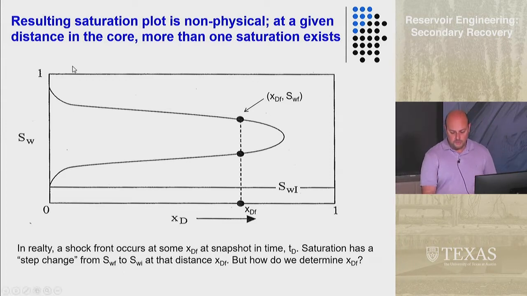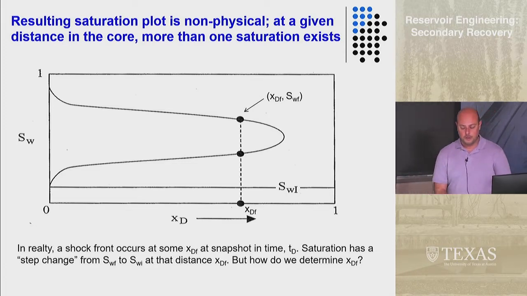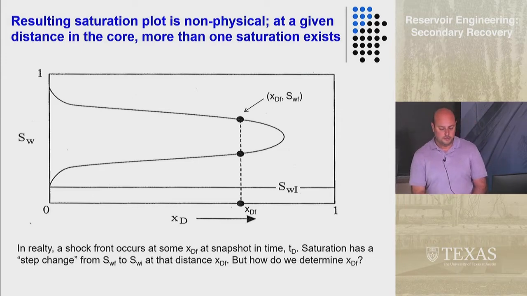And the true curve comes down and comes to this point and then drops quickly, immediately in theory, all the way down to the initial water saturation, and it's equal to the initial water saturation everywhere past the front. Remember that this is just a snapshot in time, and if you were to do different times, you would get different plots. And we need to understand this so we can create our oil recovery versus time plot.